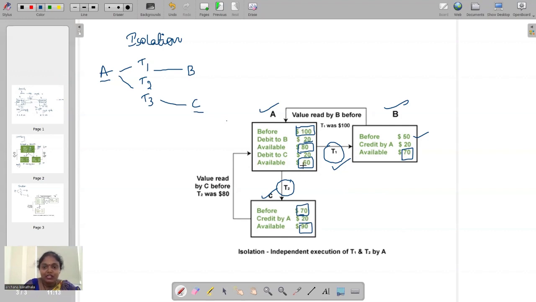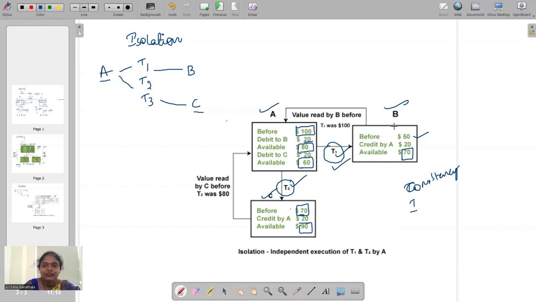If these values are reflected in this manner, you can achieve consistent data being maintained, right? Now, isolation tells that if multiple parties have been involved with respect to different transactions, there should not be any incomplete updations of the values.